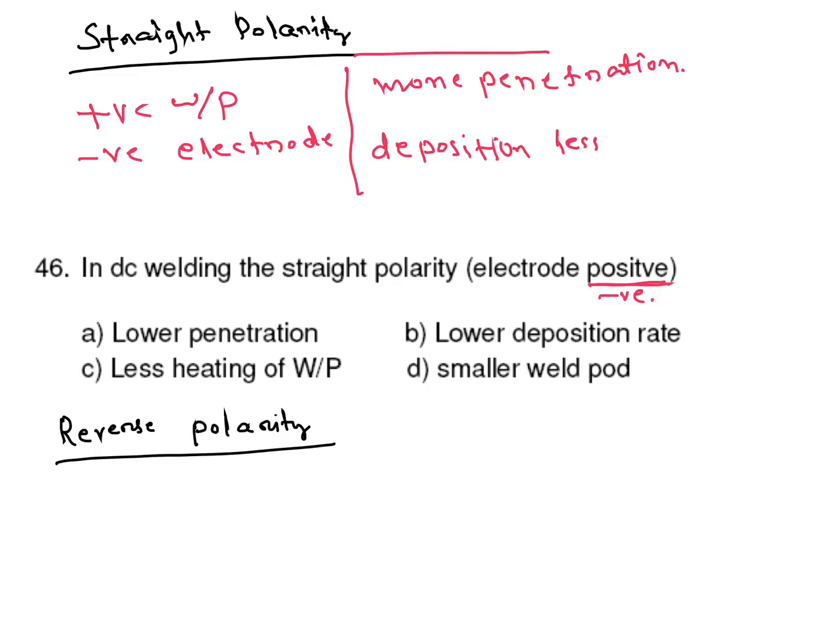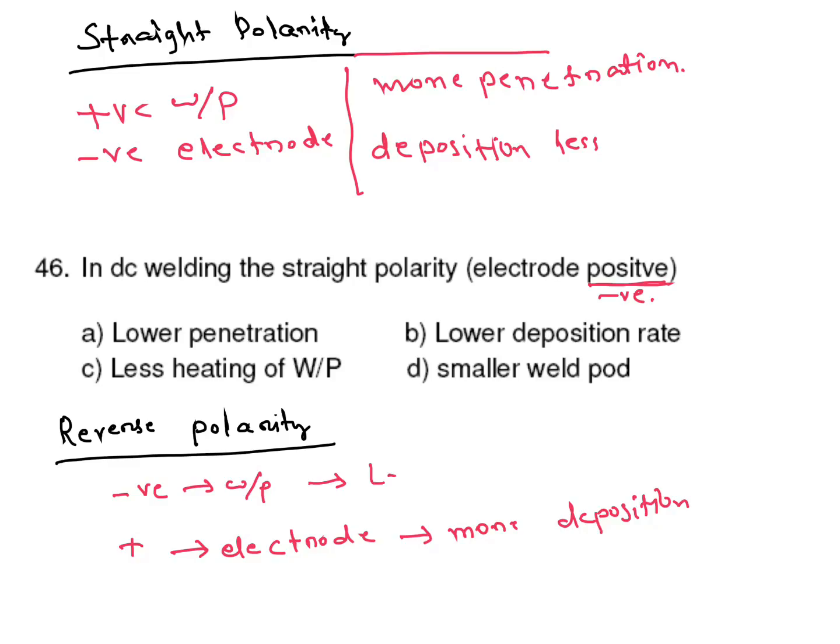And in case of reverse polarity, the workpiece is at negative and positive is at the electrode, so more deposition and less penetration. All are important.